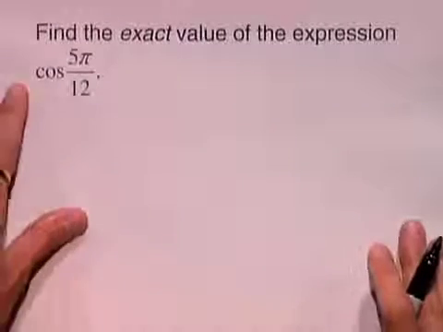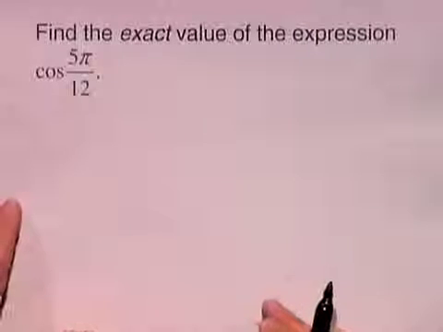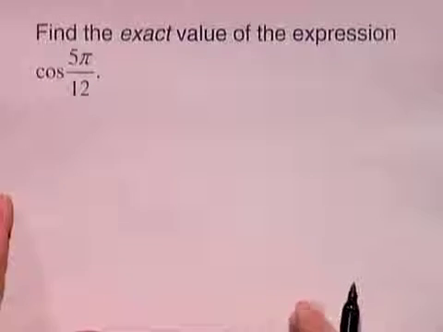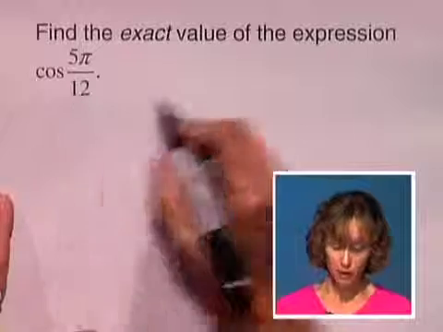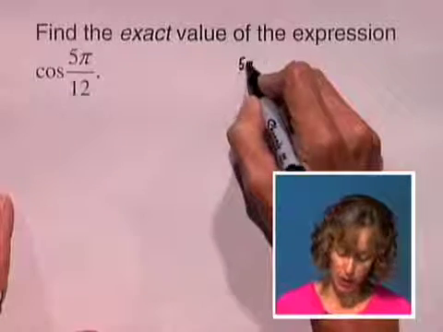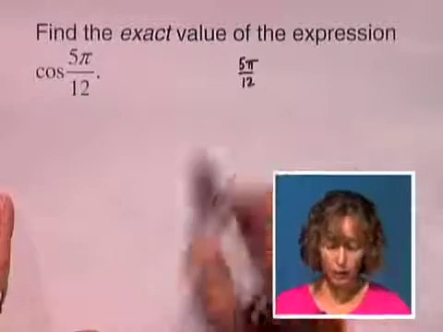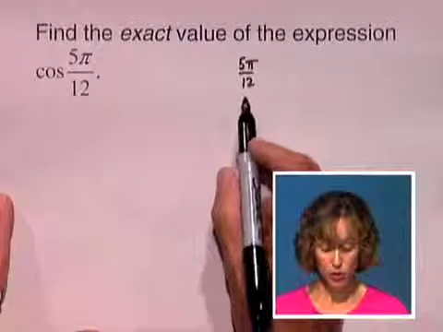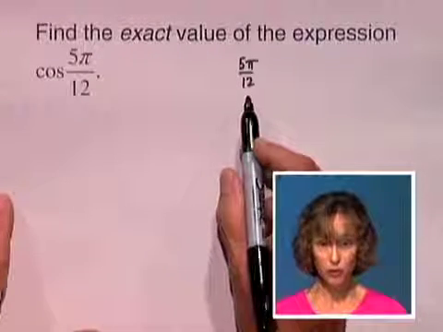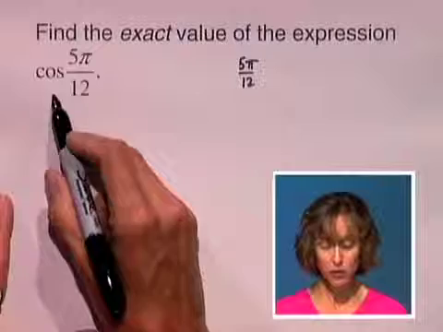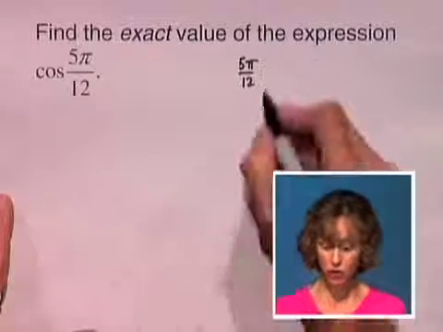Let's, using radians this time, find the exact value of the cosine of 5 pi over 12. Well, the first thing we have to do is to take 5 pi over 12 and find it in terms of angles in radians, either a sum or a difference of angles in radians that we have sine and cosine exact values for.